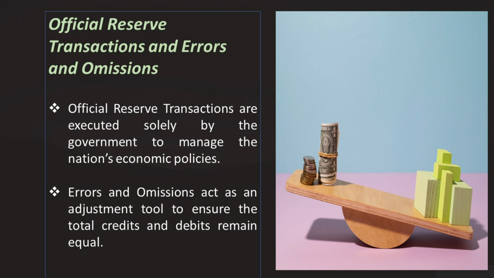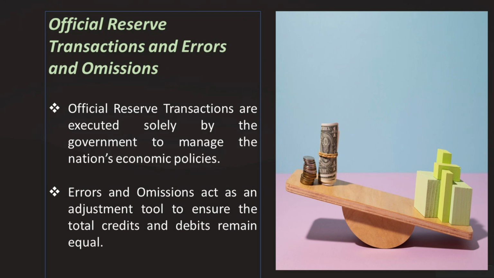It also includes a nation's official reserve assets over a given period. An increase in official reserves is recorded as a positive entry, while a decrease is marked as a negative entry in the balance of payment account.